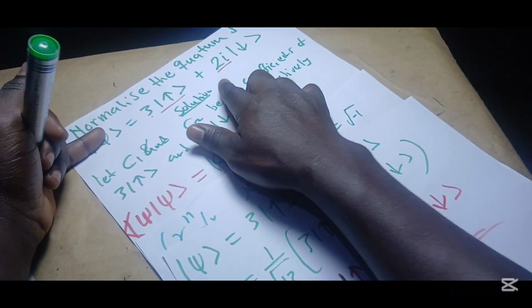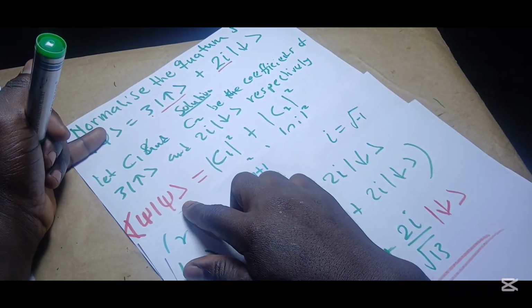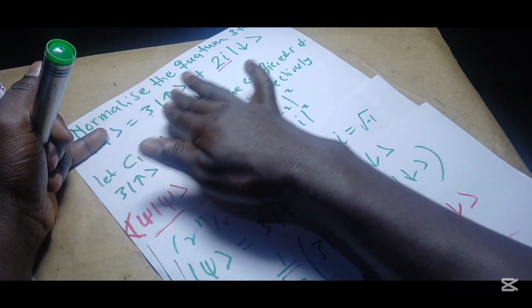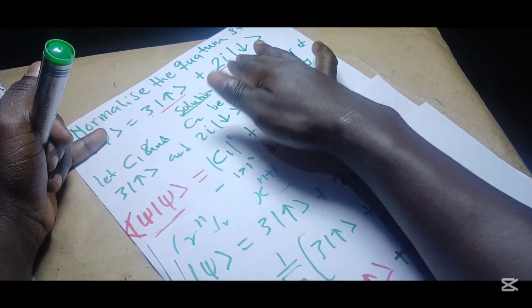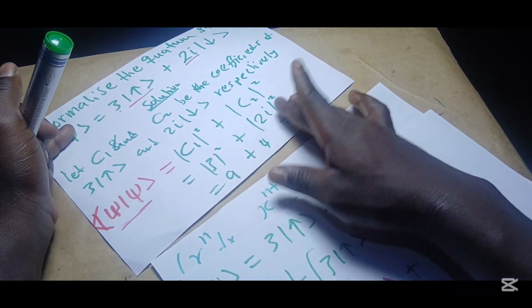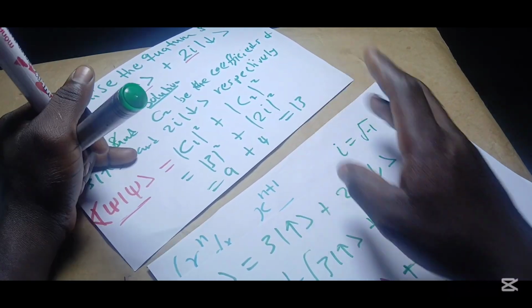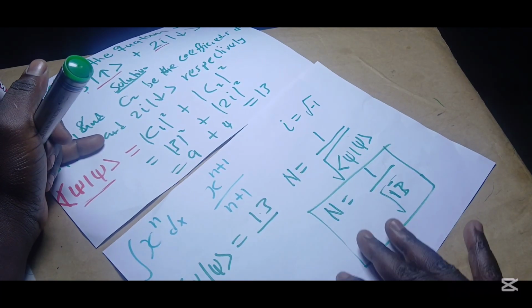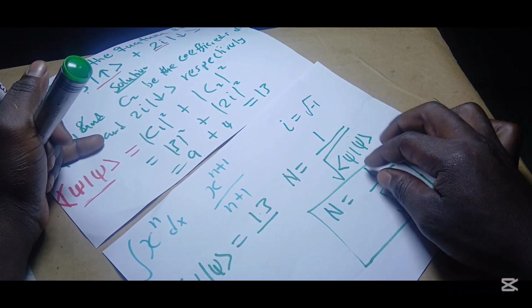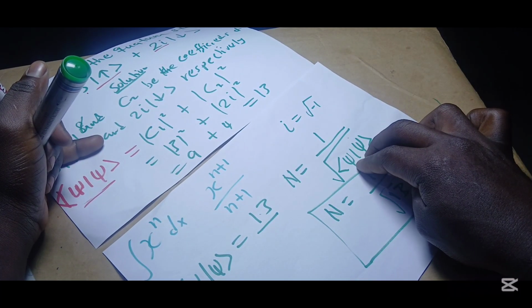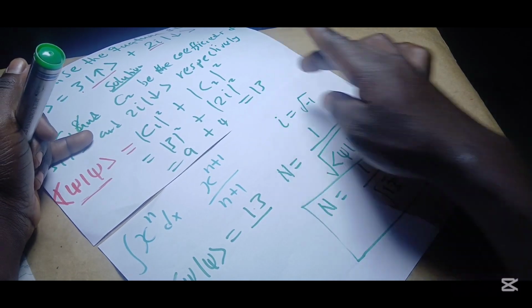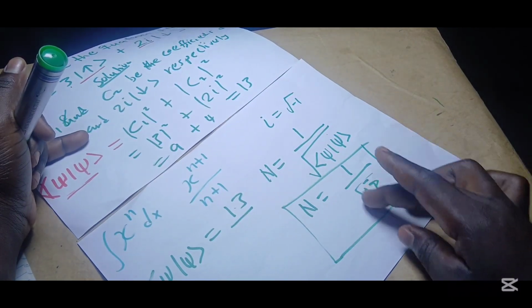So a quick summary. First of all, you calculate your norm, which is the sum of the absolute square of each coefficient given, and we've gotten it to be 13. The second step is to calculate your normalization constant, which is 1 over the square root of the norm. Our norm was 13, so it is 1 over the square root of 13.